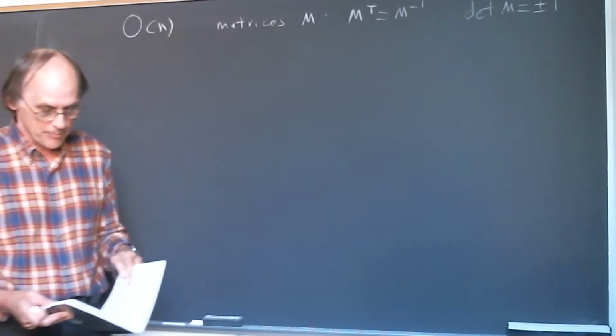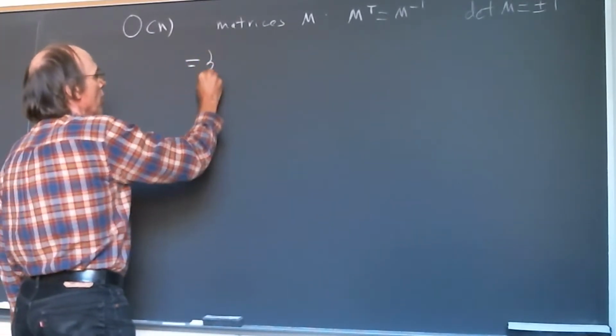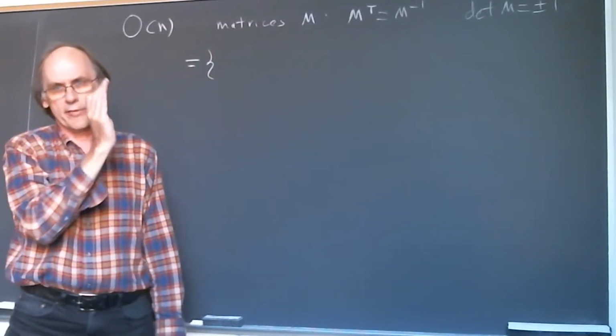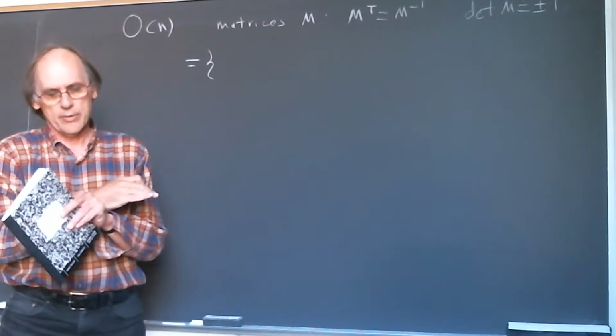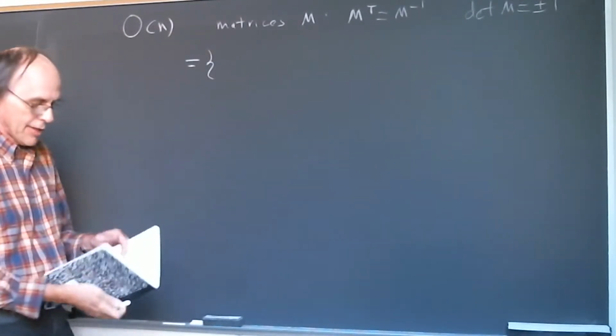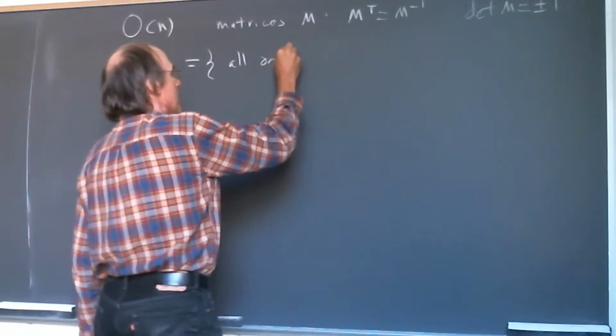Another way of thinking about this is that since it's a collection of columns or rows, each of length 1 and orthogonal to all the others, you can think of this as the set of all orthonormal bases.